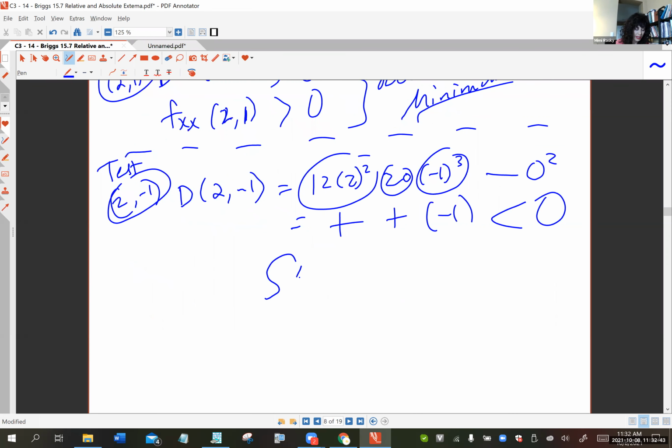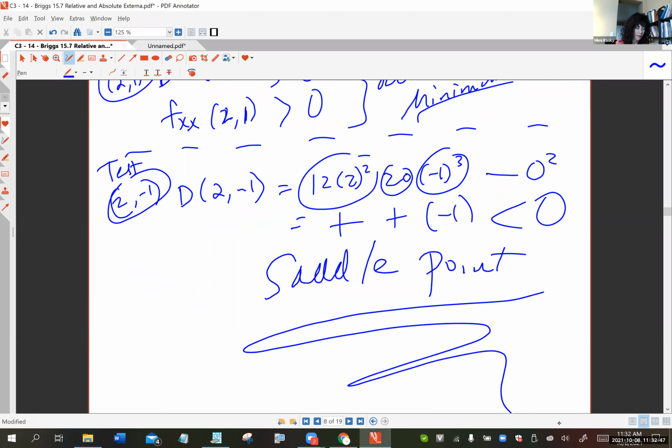It's negative, saddle point. So for this problem, we have a real min at the point (2, 1, -60). And we have a saddle point, and I plug these values into the original problem, (2, -1), and I think the z coordinate is -52. Okay, and that's the final answer for that.